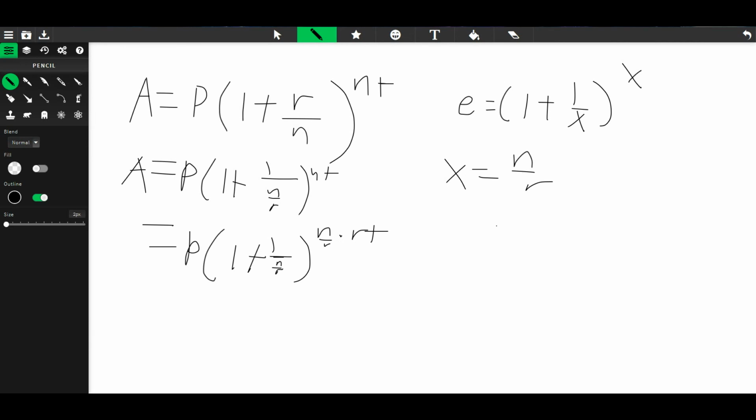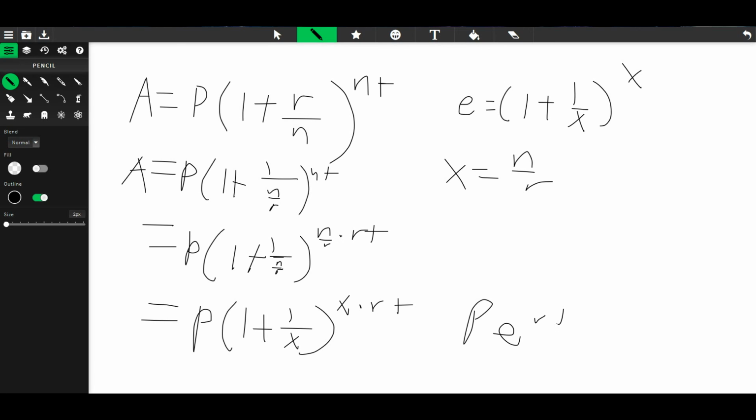Infinity divided by any regular number is still infinity. So we know x is infinity. So we can replace this first. And we know that this value is equal to e. So we have P e to the rt. So that is our formula.